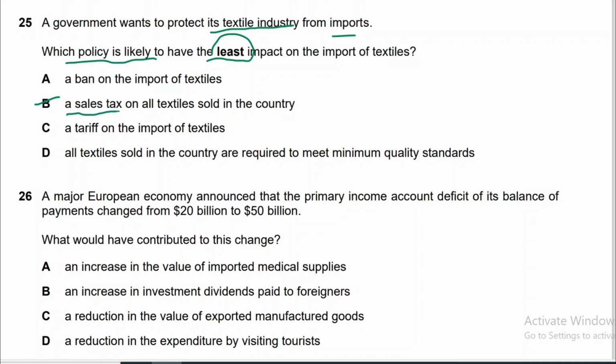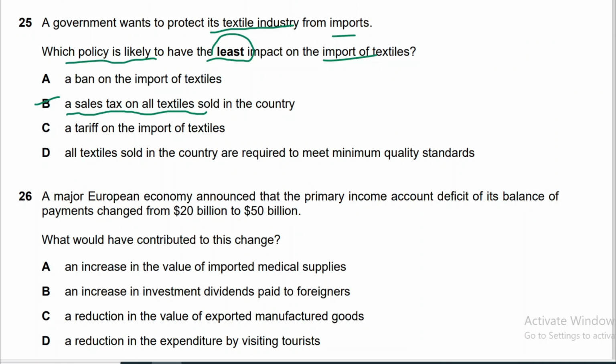So if a sales tax is imposed on all textiles that are sold in the country, it is least likely to affect the volume of imports, because the tax is imposed on the local textiles instead of imports.